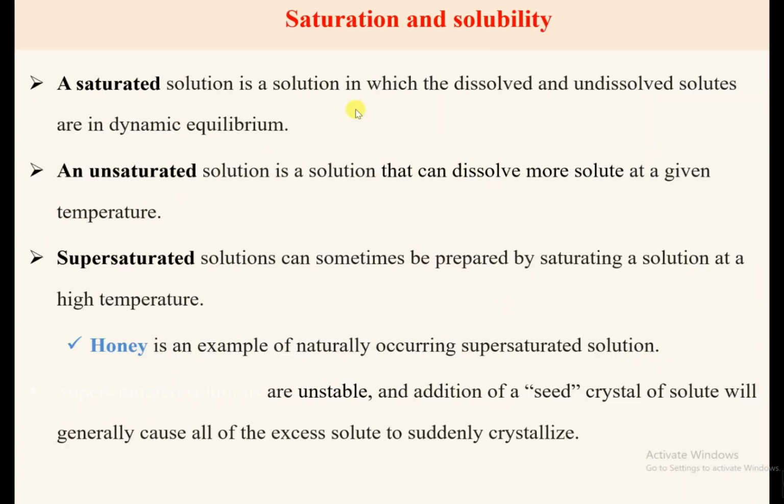So saturation and solubility, depending on this degree of solubility, we can classify solutions as saturated solution, unsaturated solution, and supersaturated solution. Saturated solution is a solution in which the dissolved and undissolved solids are in dynamic equilibrium. So at equilibrium ሲሆን ምን እንላለን?